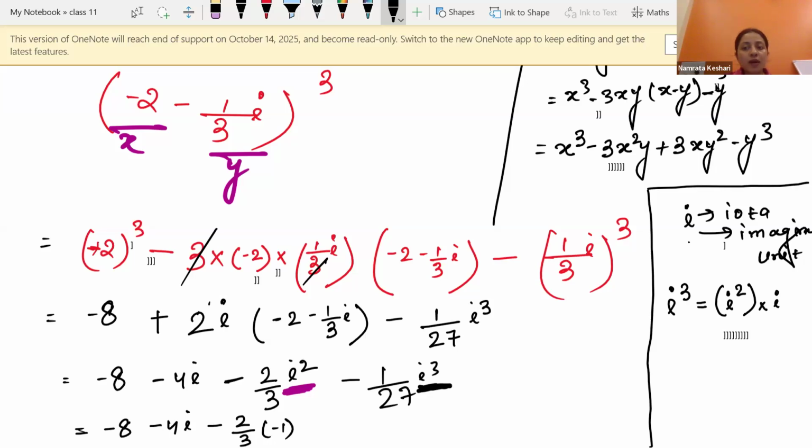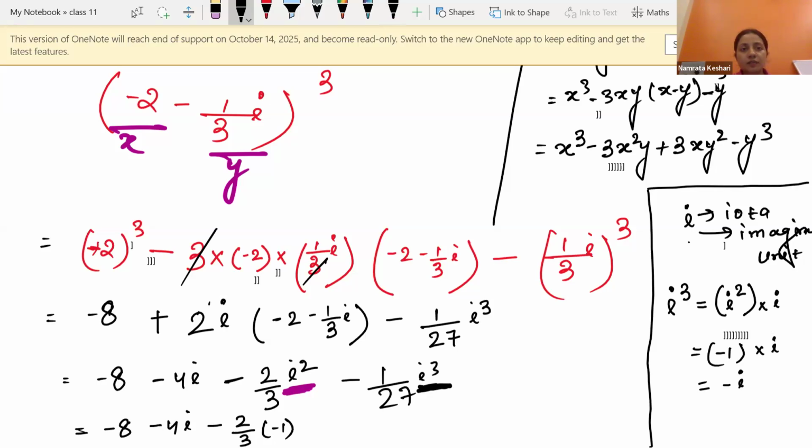Now i square value is minus 1, and i we are not going to disturb, we maintain i as it is. So we say i cube is equivalent to minus i. Are you understanding? Yes, everyone, are you getting it? Yes, teacher.